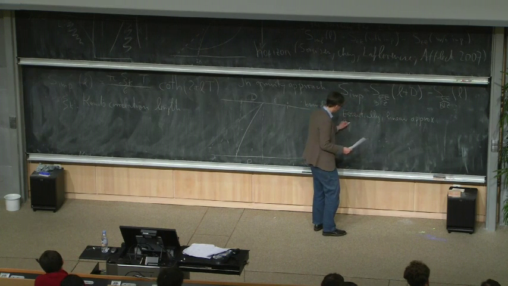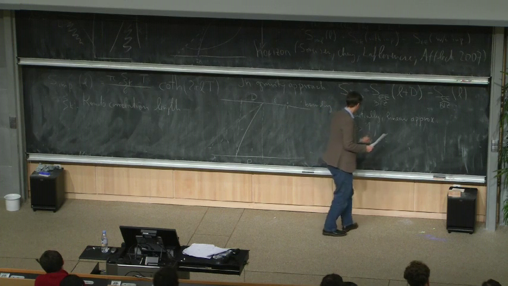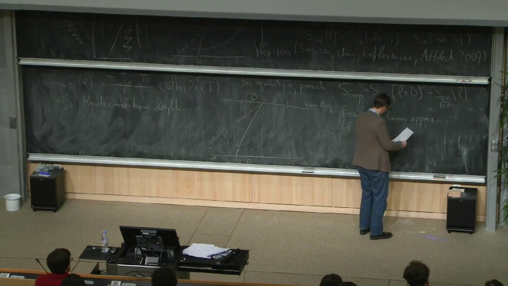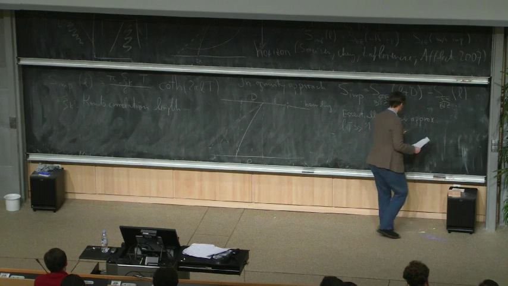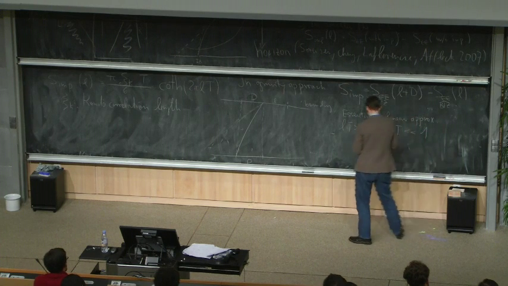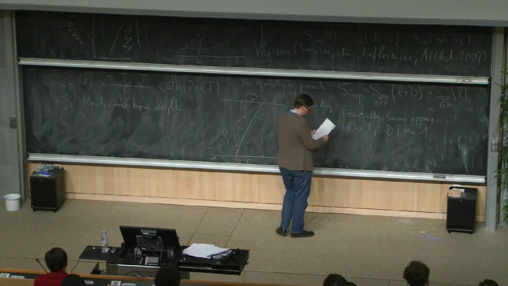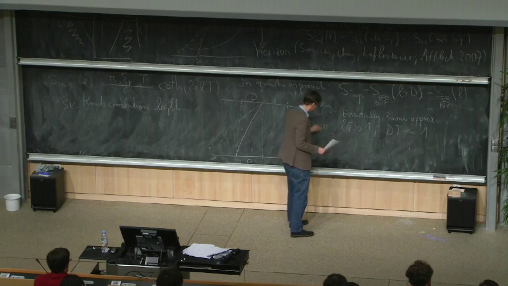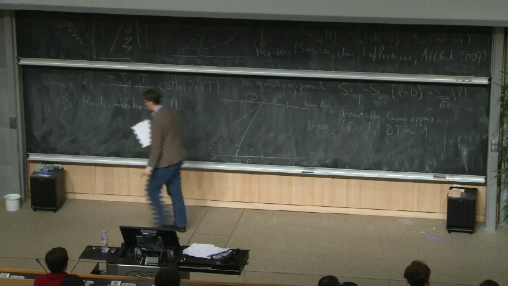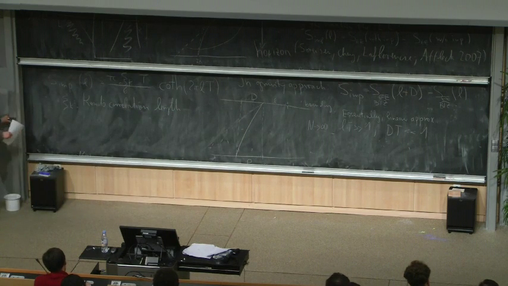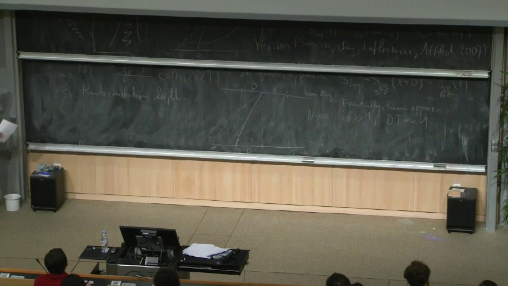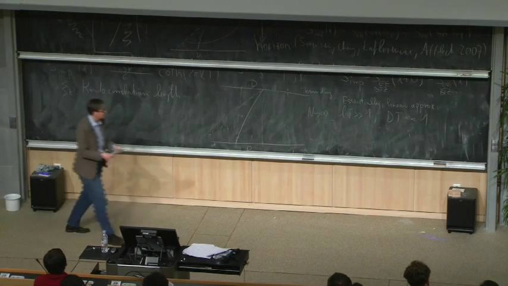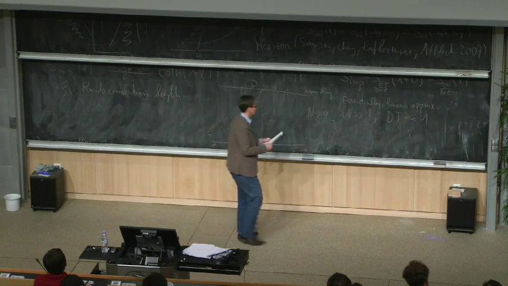So L times T has to be very big, whereas D times T has to be very small to make this work. And then, of course, we are in the large N limit as always. And so then, in this limit, our approximation actually works.